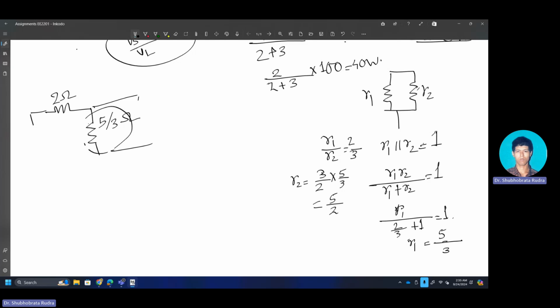But how much power will be transferred here in the 5 by 3 ohm? The amount of power that we want to transfer here is 60 watt. So if you want 60 watt, what is your formula? I square into R is 60. So what should be the I square? Here what is your R? R is 5 by 3.